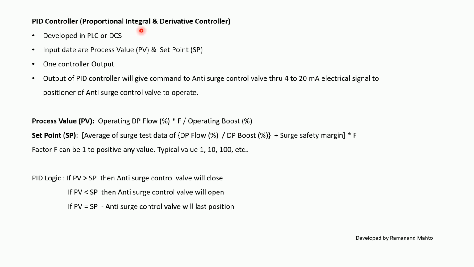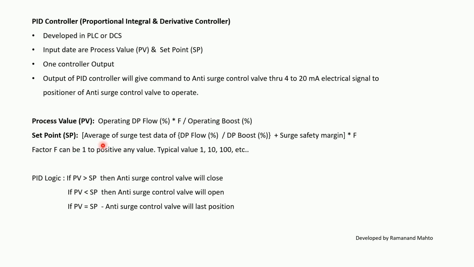PID controller, proportional integral and derivative control, is developed in PLC or DCS. Input data or process value is written as PV, and set point is SP. One controller output. The output of PID control will give command to the anti-surge control valve through a 4 to 20 milliamperes electrical signal to position the anti-surge control valve to operate it. Process value PV is equal to operating DP flow percentage into F upon operating DP boost percentage.